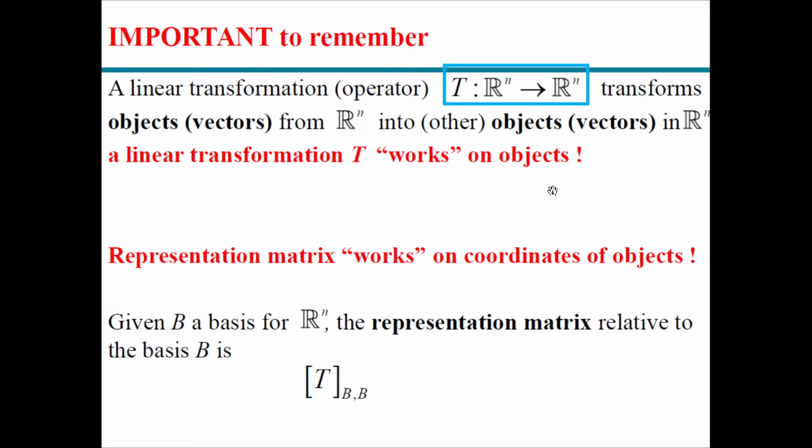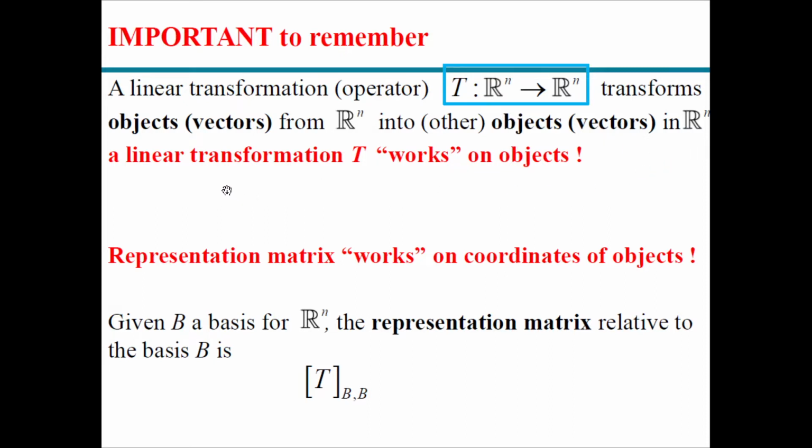An important reminder again is that a linear transformation, or in our case operator, because we go from Rn to Rn, works on objects, in our case vectors from Rn. And the results of the action of T are objects, in our case again vectors in Rn.